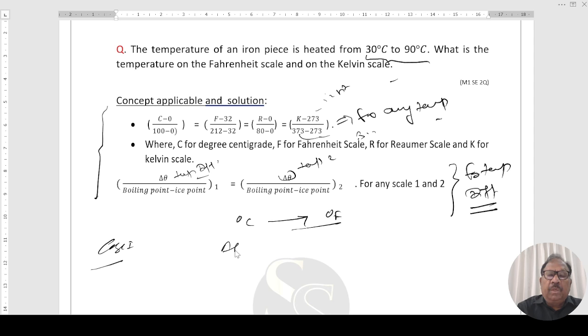So delta C upon 100 minus 0 equal to delta F upon 212 minus 32, that is delta F upon 180. We have to find this, and this is given.